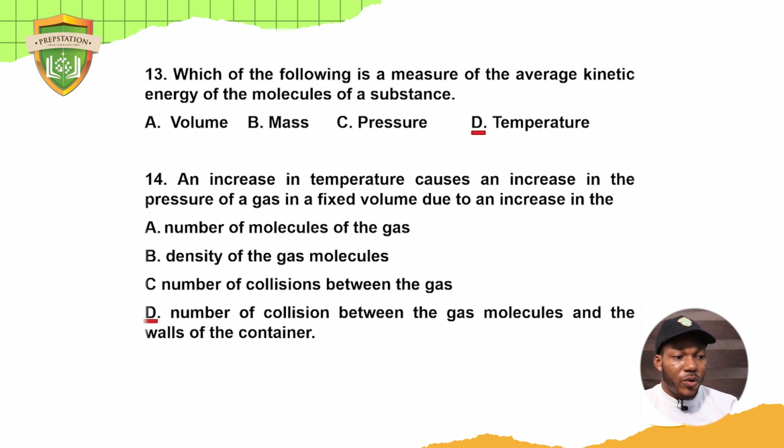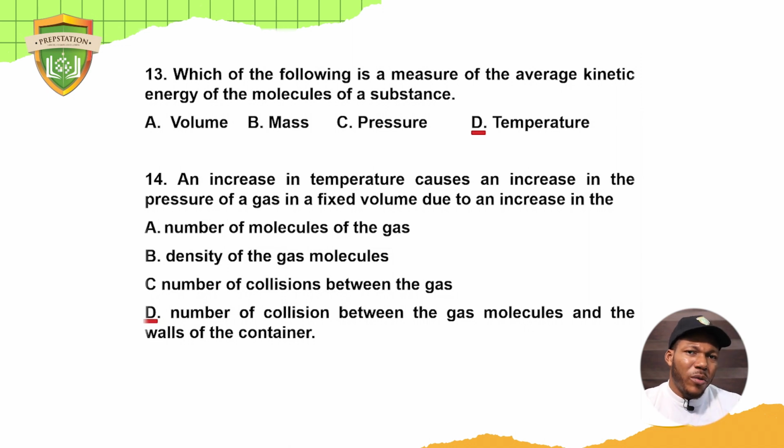The answer is temperature: which of the following is a measure of average kinetic energy of the molecules? If you increase the temperature, you increase the kinetic energy of a gas. So the answer there is D. An increase in temperature causes an increase in the pressure of a gas in a fixed volume due to an increase in the number of collisions of the molecules with the walls of the container.